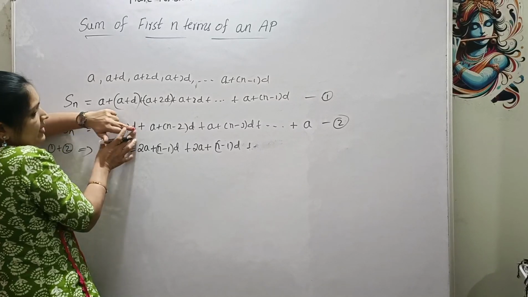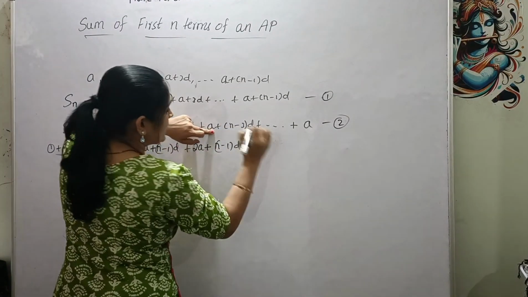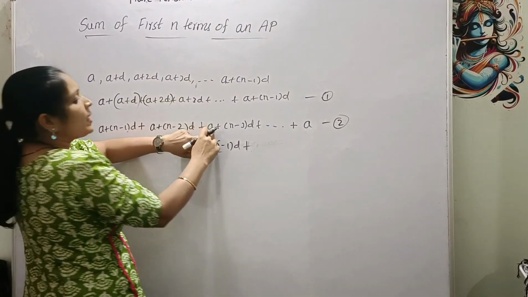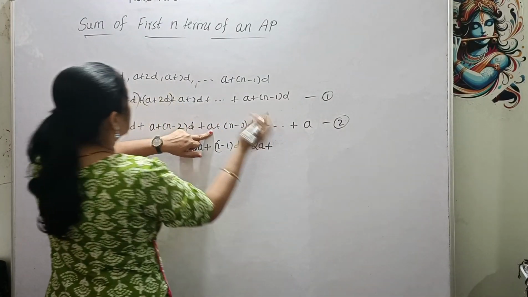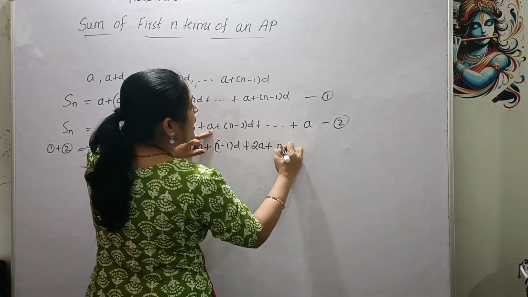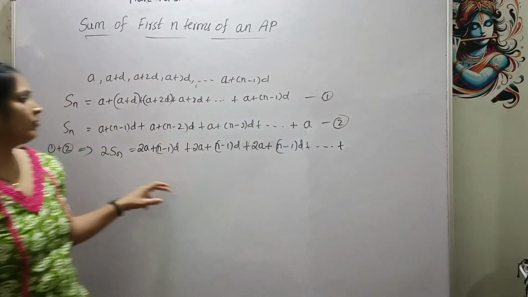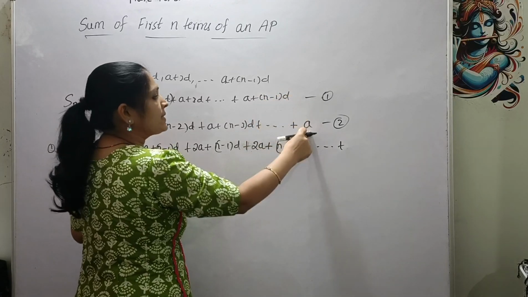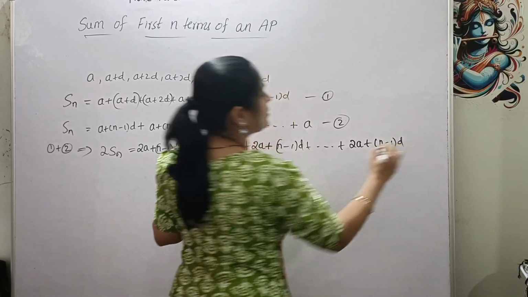A plus 2d plus a plus (n minus 3) into d. A plus a is 2a, plus here 2d minus 3d is minus d, so that is nothing but (n minus 1) into d. Plus etc. Then the last term, that is a plus (n minus 1) into d plus a, that is 2a plus (n minus 1) into d.